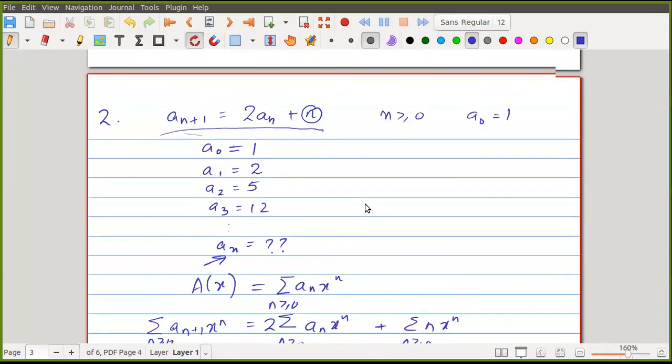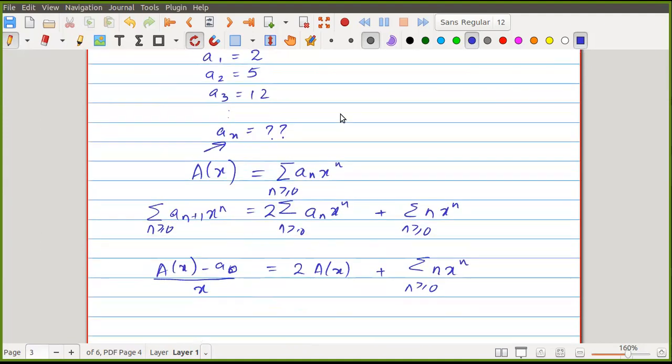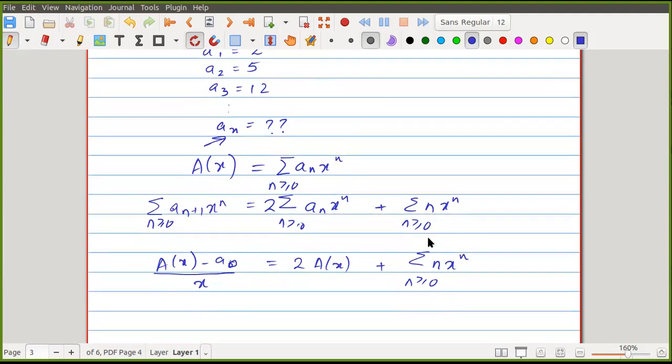And as before, we multiply each term of this formula by xn and sum from 0 onwards. So I get this equation here, right? And this, as before, we'll manipulate and get Ax minus a naught over x. And this thing is same as Ax, so 2 times Ax, and this is here. So far, so good?